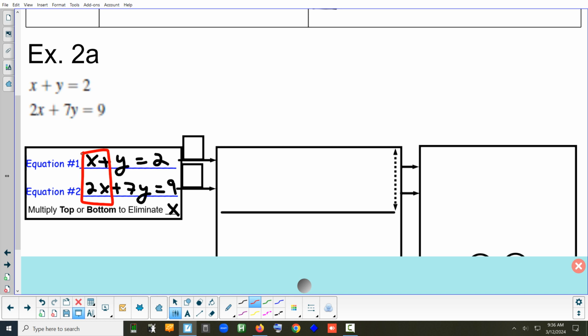So what number would we need in front of the top one so that these cancel out? -2. Remember, a 2 and a 2, that would add up to 4. So if there's a 2 in the bottom one, we need to get a -2 in front of the top one. How are we going to get a -2 in front of the top x?